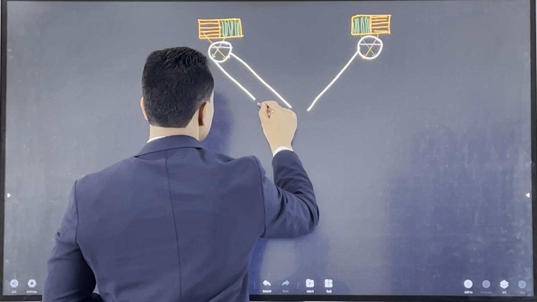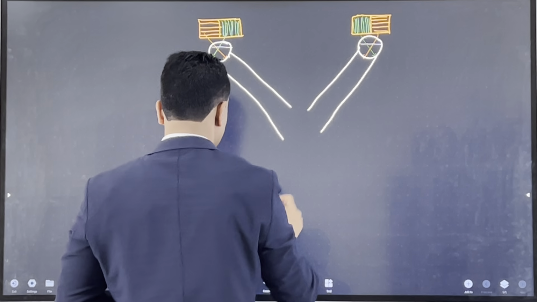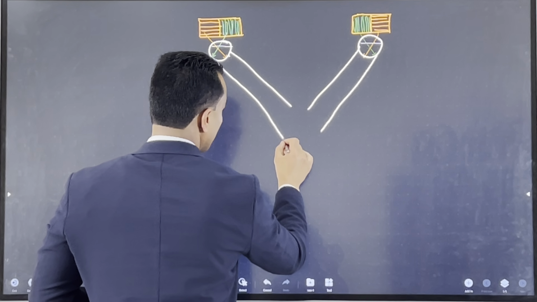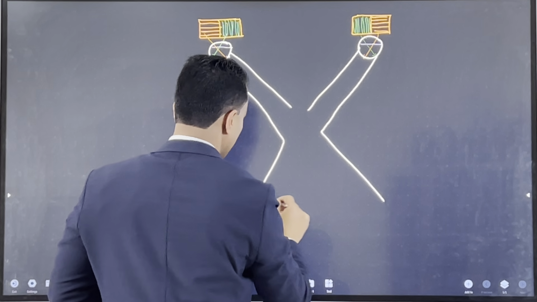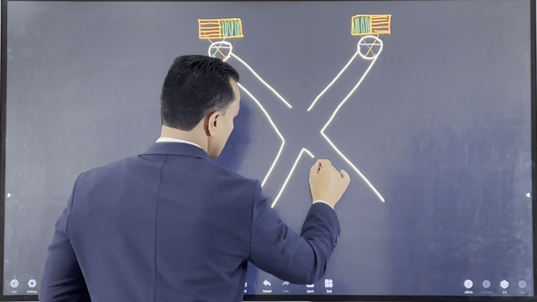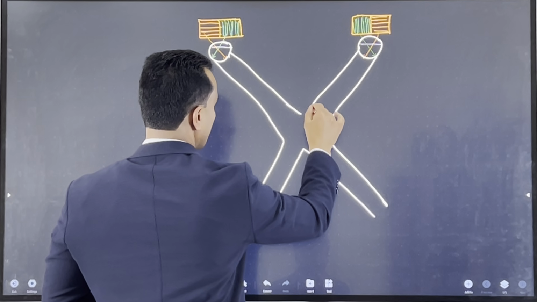Then we have to understand how this optic nerve will travel to your thalamus and to the visual cortex in the occipital lobe. So you have to draw like this.